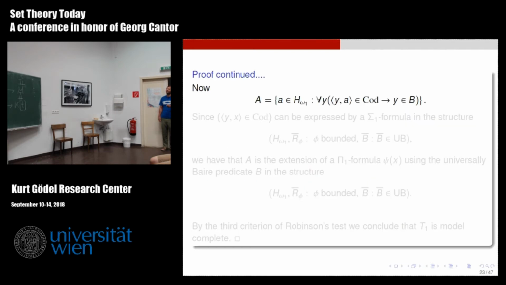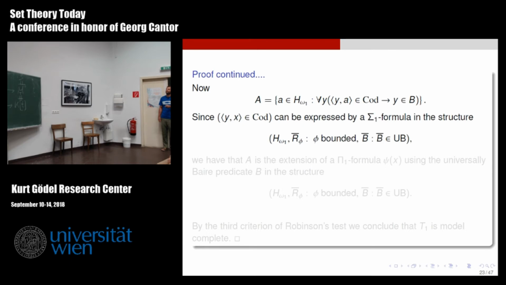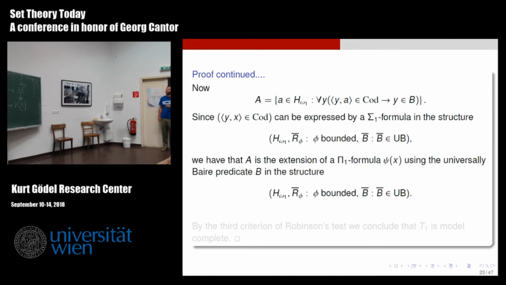So your formula now becomes this pi1 formula. The set which was the extension of an arbitrary formula now becomes this pi1 set. So we have shown that the extension of every formula is equal to the extension of a pi1 formula, which means that this theory is model complete.